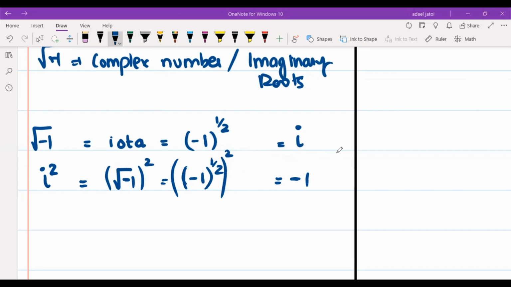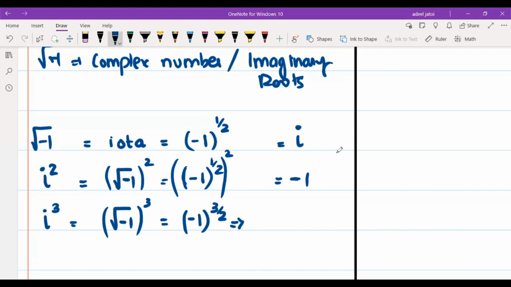If we have iota cube, which means under root -1 to the power 3, this will be -1 to the power 3 upon 2, because the under root is half, and half multiplied by 3 will be 3 upon 2.